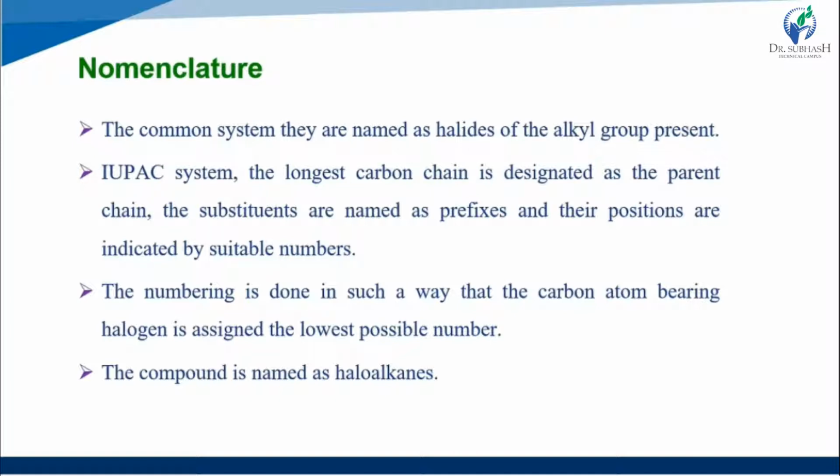The numbering is done in such a way that the carbon atom bearing the halogen is assigned the lowest possible number. So the compound is named a haloalkane. As per IUPAC naming it is haloalkane, and as per common naming it is alkyl halide.